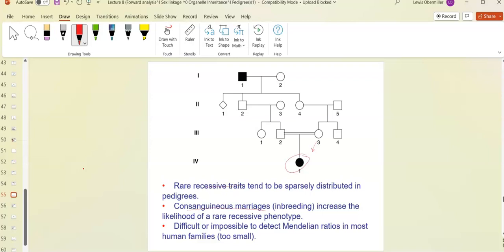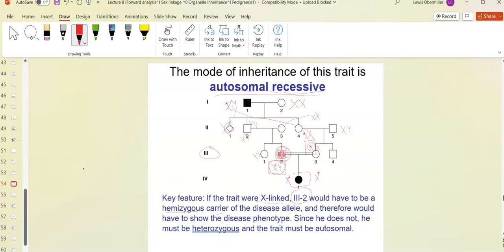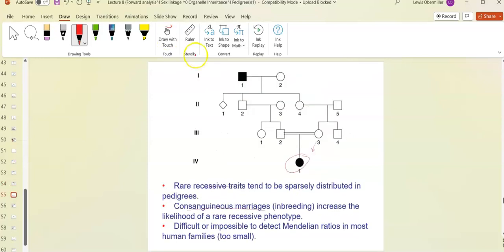And if we just go back to this, instead of making it sex-linked, we make it autosomal, you would see that this person would be a carrier. This person could also be a carrier and not show it if it's recessive. And so, because of this inbreeding, we increase the risk of that particular recessive autosomal trait being shown in that individual.